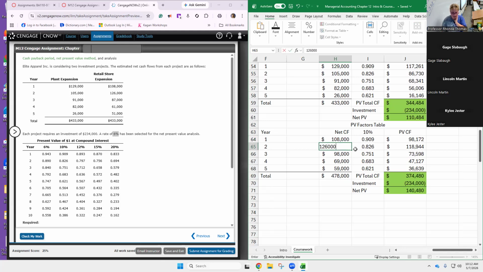Now I'm going to ask you guys, if you don't mind, remember when I was talking about an annuity? What's the qualification for something to be an annuity? You have to have more than one cash flow, and the cash flows have to be what? The same every year. So guess what?